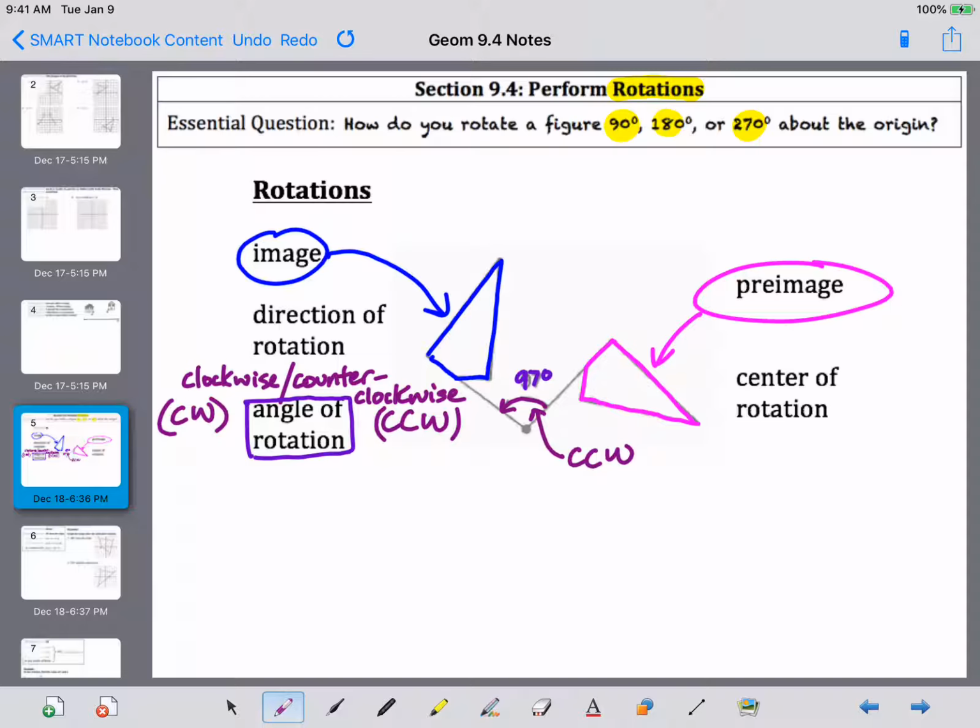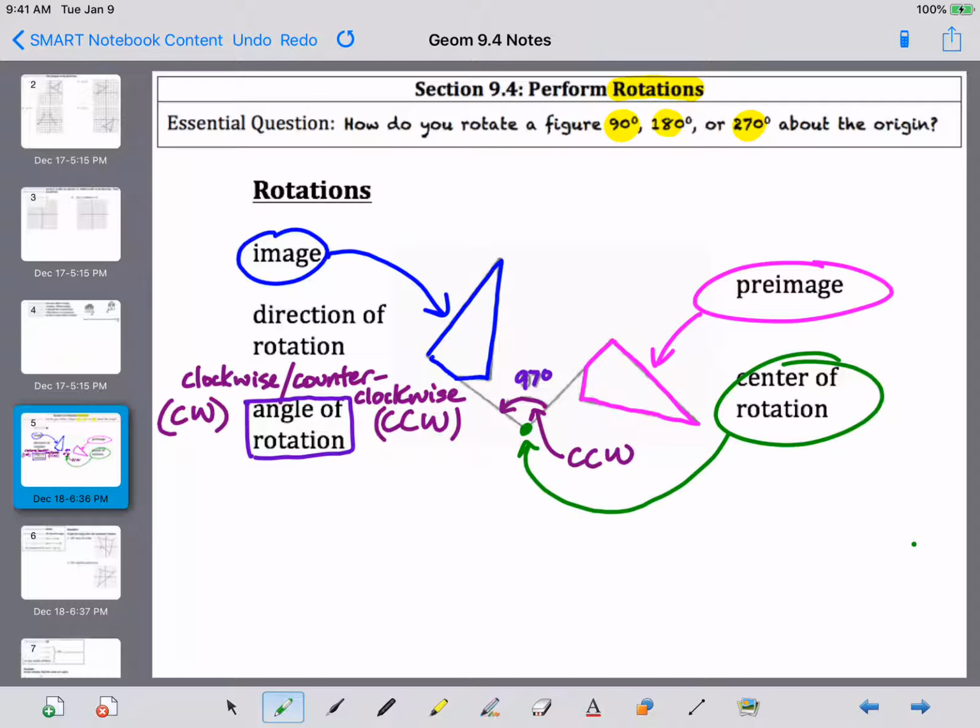Okay, so we would call this a 97-degree counterclockwise rotation. And then lastly, the center of rotation is simply the point that it's being turned about.